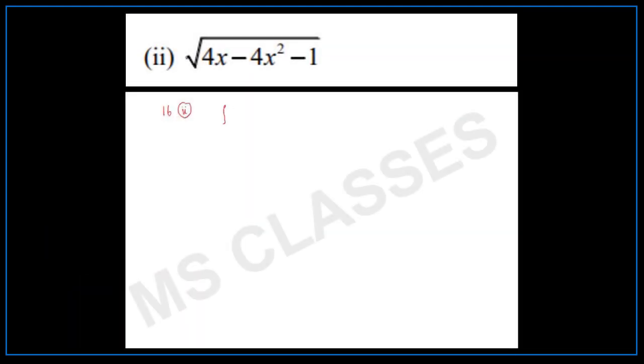f(x) is the square root of 4x − 4x² − 1.